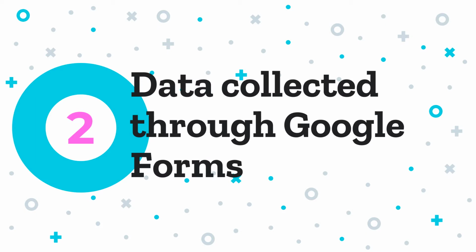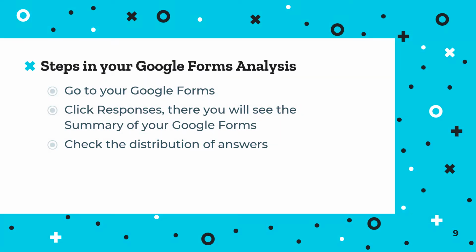Second, what are you going to do with the data that you have collected through Google Forms? Now, you're going to use that as a basis for analyzing the information that you gathered from your respondents. Now, how to go about your Google Forms analysis?